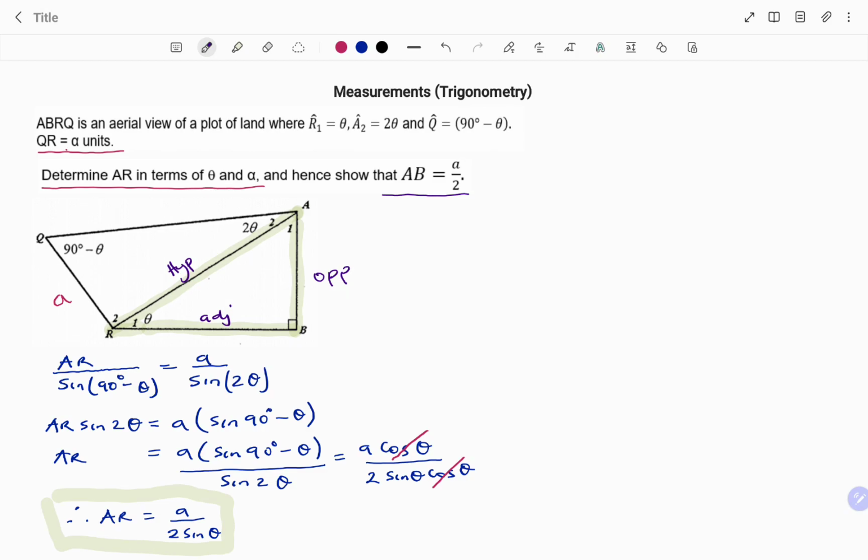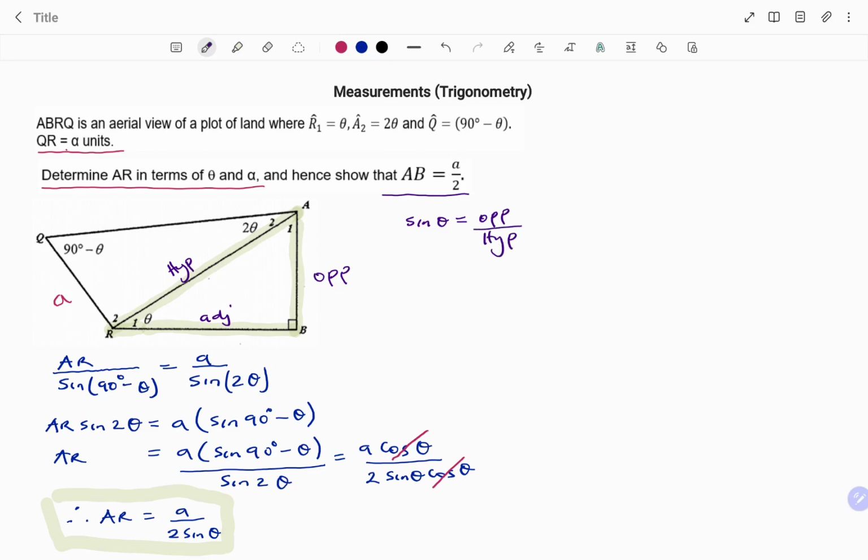We already know the value of our AR, which is also our hypotenuse. We are looking for the side AB, which is our opposite, and the trig ratio we'll use is sine theta equals opposite over hypotenuse.